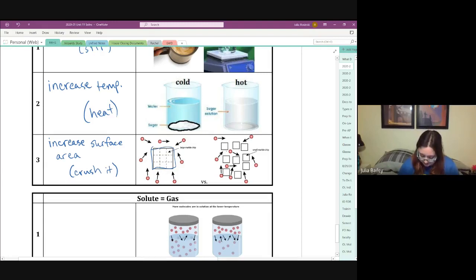But if you break it up into smaller pieces, then there are more spots where the water can get inside and in between and start surrounding and dissolving it. Because ultimately, remember, what dissolving is, is water molecules or solvent molecules surrounding all the molecules of the stuff that you're dissolving inside it.